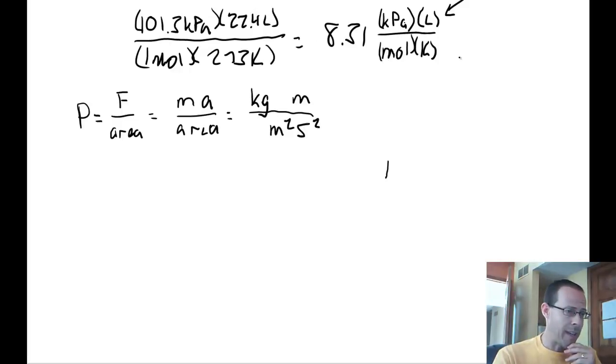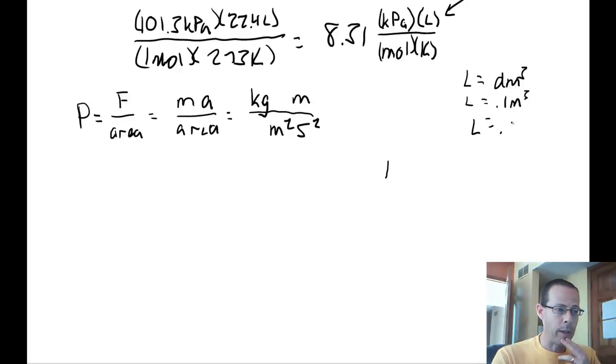Okay, so real quick, a liter is the same as a cubic decimeter. Okay, and a decimeter is 0.1 meters. All right, so a liter is equal to 0.1 meters cubed, or we can say a liter is equal to 0.001 meters cubed, because this 0.1 is cubed along with our meter.